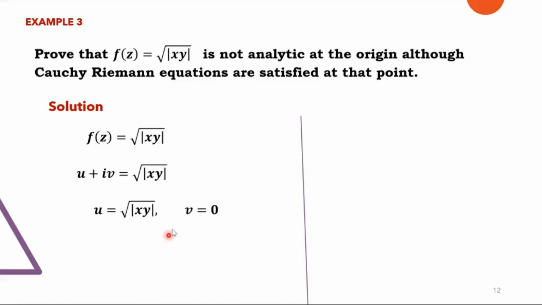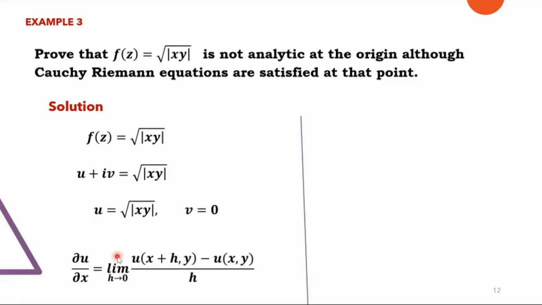Now when v equal to 0, vx is 0, vy is 0. Now ux. Now since we are having root of mod, again we will apply the same first principle method to calculate ux and uy. तो कैसे लिखना है ux को हमें? Same formula, limit h tending to 0, u of x plus h comma y minus u of x comma y upon h.